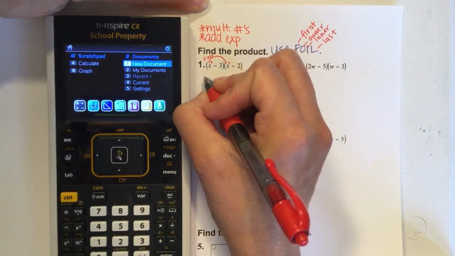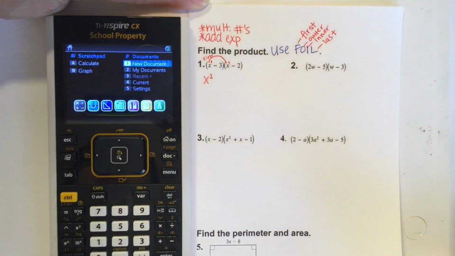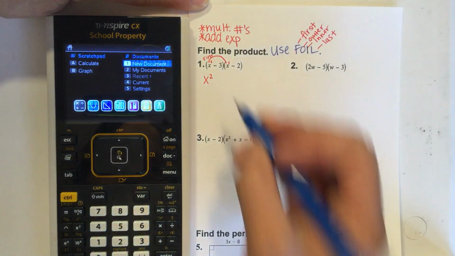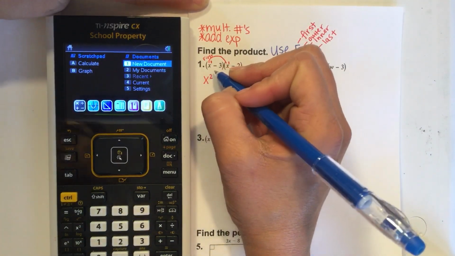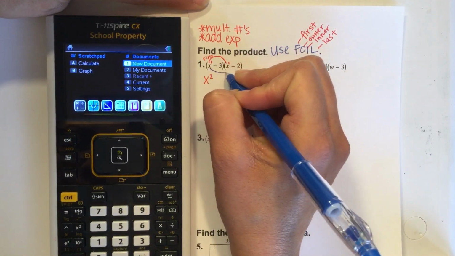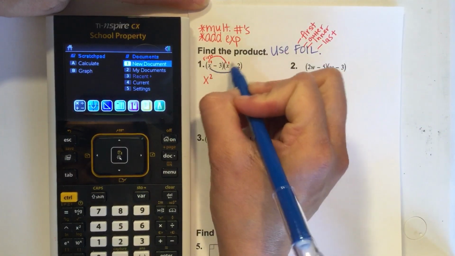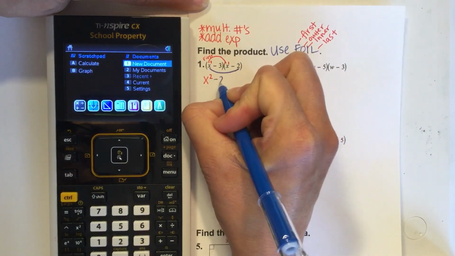X times x is going to be x squared. Next, we're going to take the outer. So now we're going to take x times negative 2. X times a negative 2 is negative 2x.